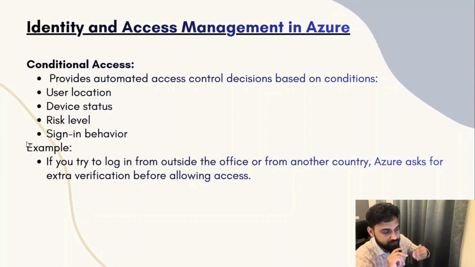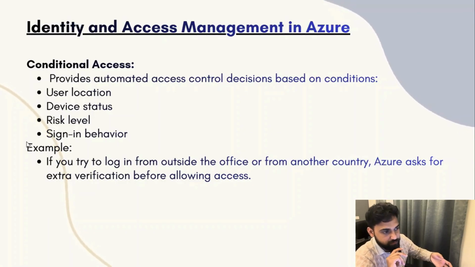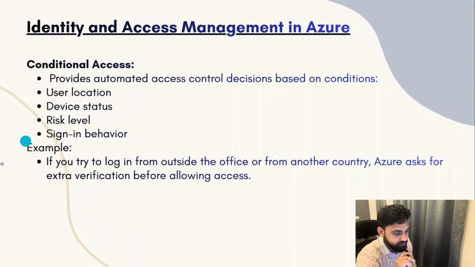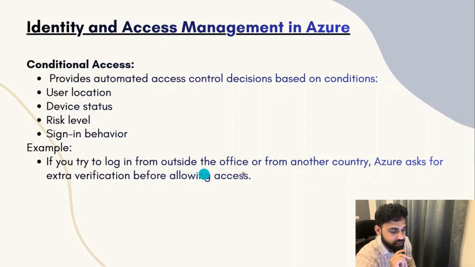So basically, conditional access depends on your condition, in what condition you want to grant the access or fail the access. For example, if you try to log in from outside the office or from another country, Azure asks for extra verification before allowing access. This is also an example.